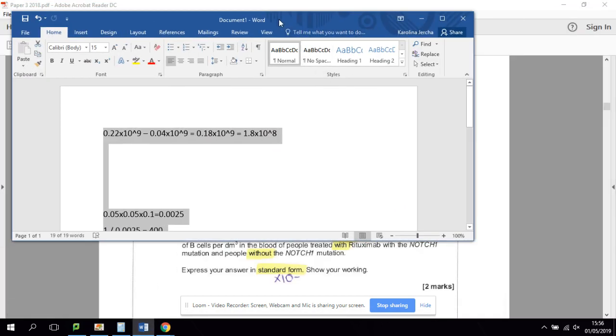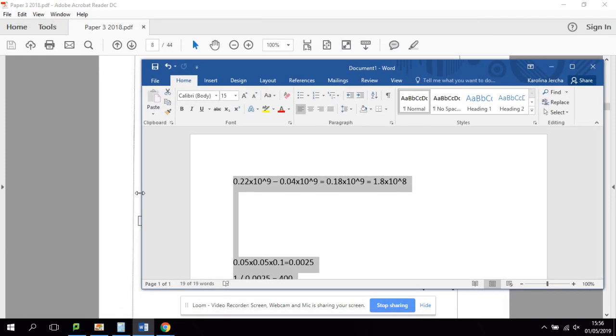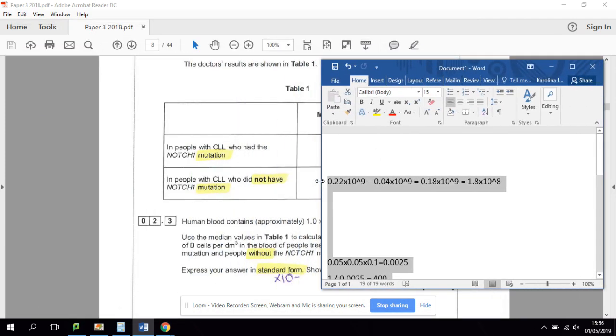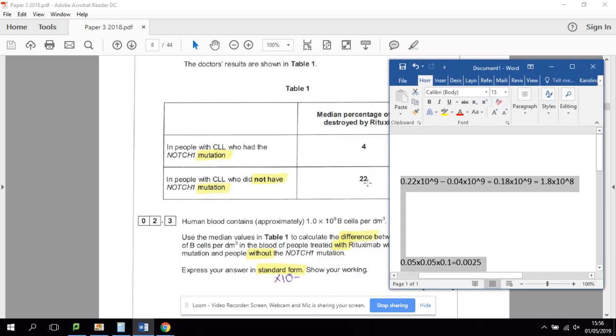We've got 22 times 10 to the power 9, because that's the volume they told you, minus, because we're looking at the difference, 0.04. Converted from percentage into a number, that gives you 0.18 times 10 to the power 9. They wanted the answer in standard form, and remember that numbers in standard form are between 1 and 9, so 1.8 times 10 to the power 8. And that's the working out for this question.